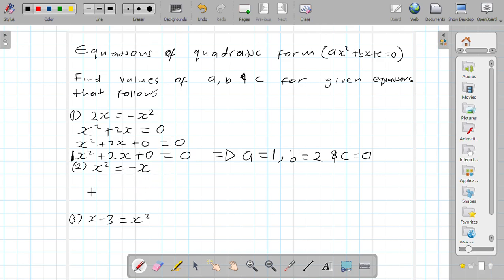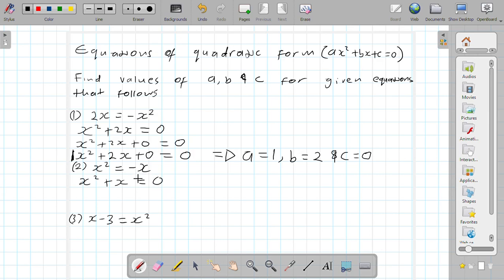So for the second part, we have x squared is equal to minus x. For this one, you're simply transposing minus x on the right. So if we transpose this minus x that's on the right, we're simply moving it to the left hand side. So we're going to have x squared plus x, which is equal to 0.